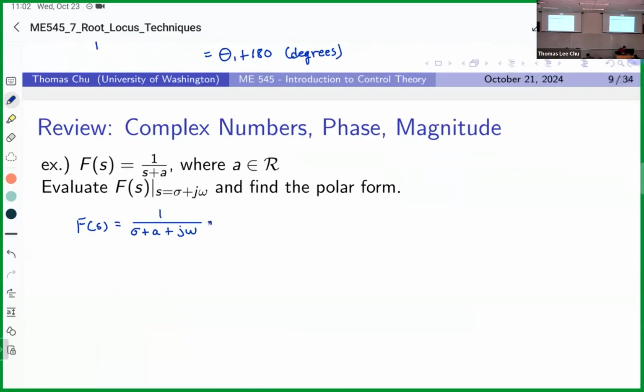Then if we multiply the top and bottom by its conjugate, we get sigma plus a minus j omega over sigma plus a squared plus omega squared.